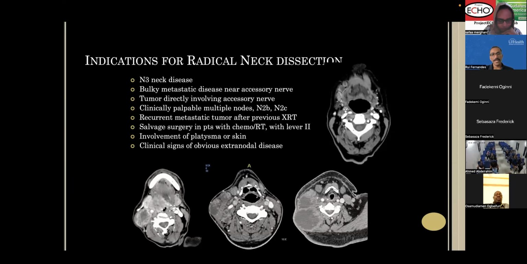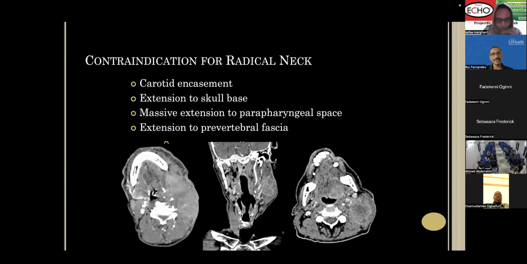The contraindication for neck dissection, there's some variability in this, but carotid encasement is in itself not necessarily a contraindication. We've published on this where you can potentially change a T4B back to a T4A. We can discuss this in the Q&A.